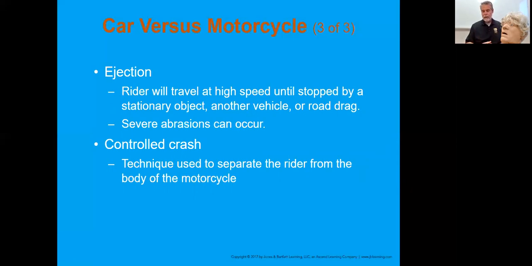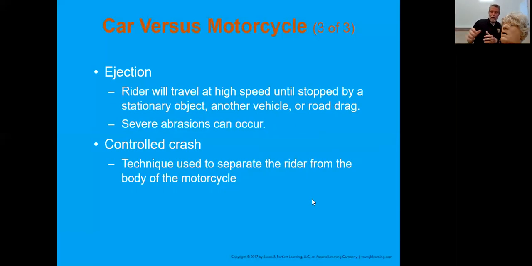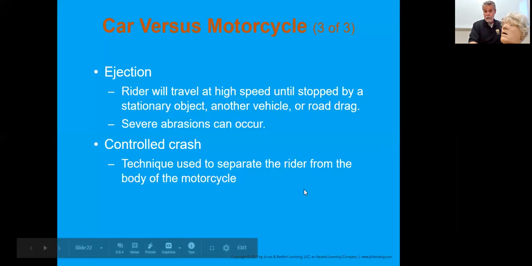There's so many things that can happen to the person once they're ejected from the vehicle, or in this case, the motorcycle. On the controlled crash, there are ways that certain drivers have a technique to try and minimize their injuries in a crash, where they just kind of have to let that bike go. But you got to do what you got to do, right? You can get another motorcycle, but you can't get another head.